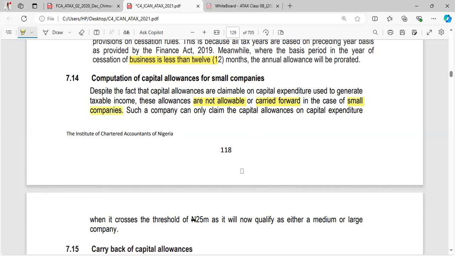Why? All right. A small company is a company that is under the 25 million naira revenue threshold.